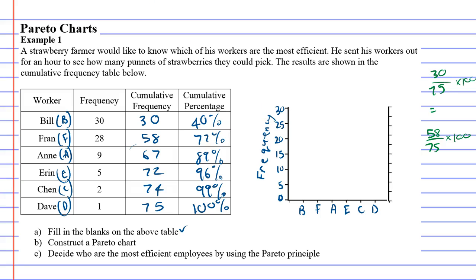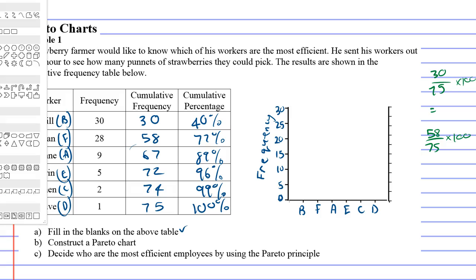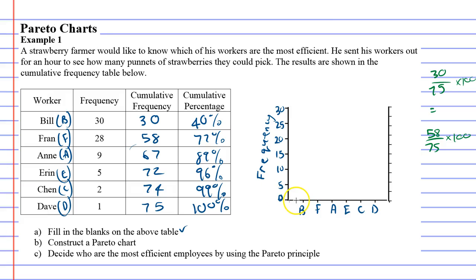Once again, I'm going to cheat and use the rectangle shape. Here we go. Bill had a frequency of 30, so he's going to go right to the top. Then we have 28 for Fran, so just slightly less than Bill, just guesstimating where these graphs will go. Then we've got Anne, which had a frequency of 9, so much, much lower.